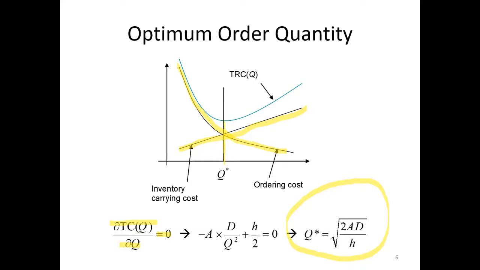And of course, it appears on the total cost curve, which is how it looks. This is the optimal point that we are looking for, the minimum total relevant cost value. So this is how simply we do the calculations of the EOQ formula.